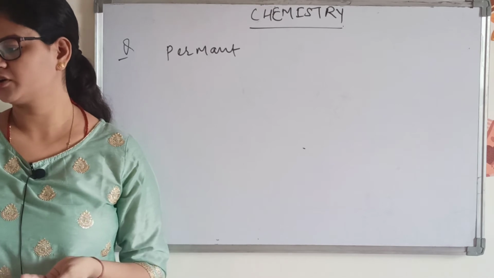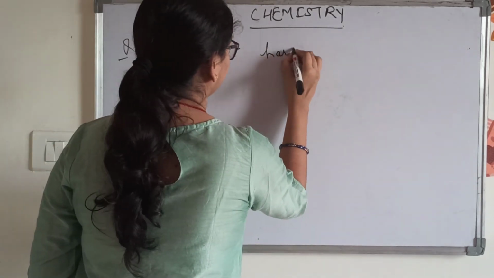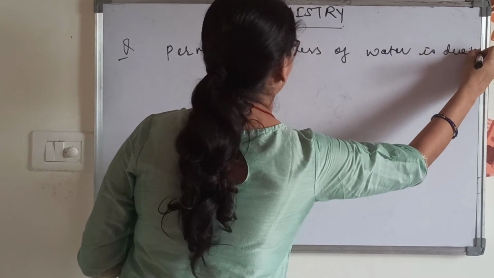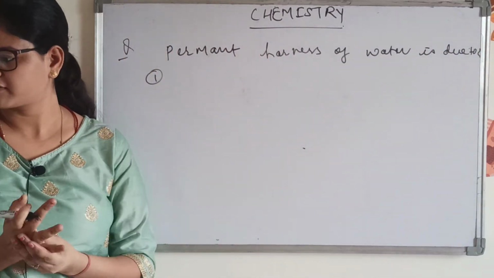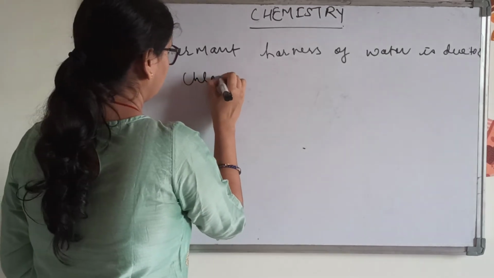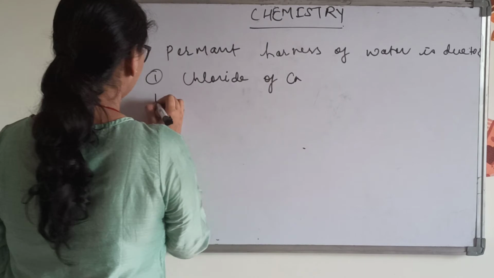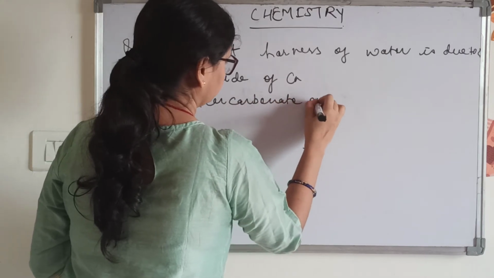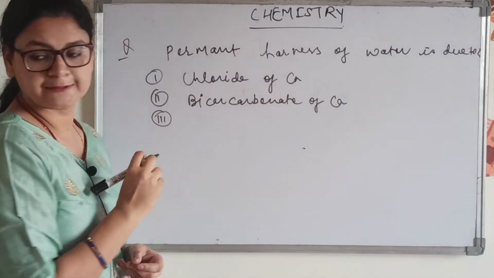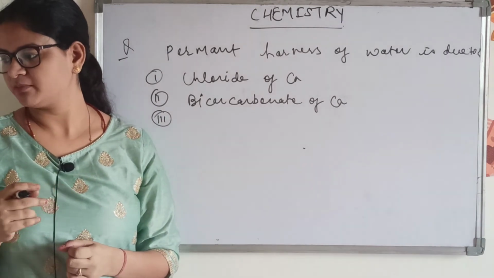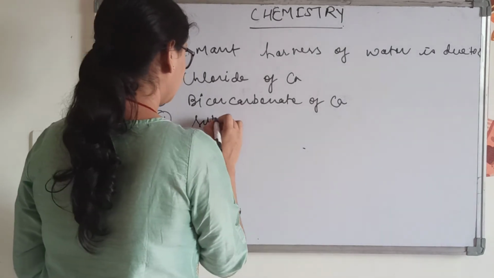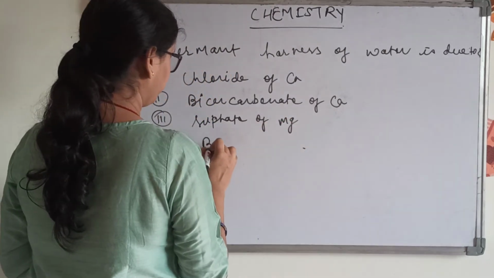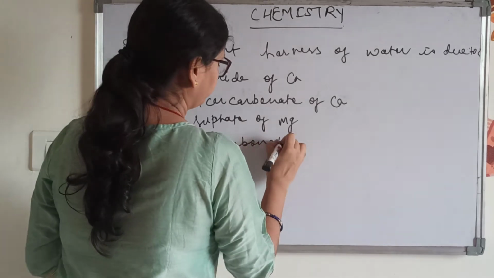Permanent hardness of water is due to: chloride of calcium, bicarbonate of calcium, sulfate of magnesium, and bicarbonate of magnesium.